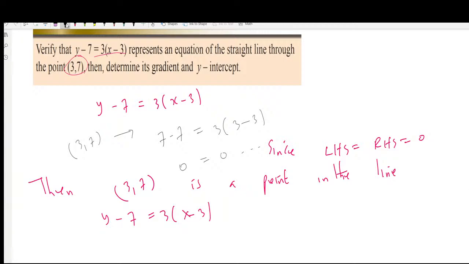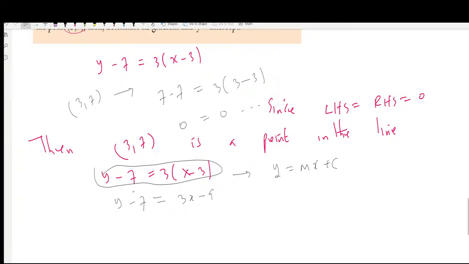The second part: determine the gradient and the y-intercept. So we are going to rearrange this equation into the form y equals mx plus c. You have y minus 7 equals 3x minus 9, so you have y equals 3x minus 9 plus 7, which is y equals 3x minus 2.